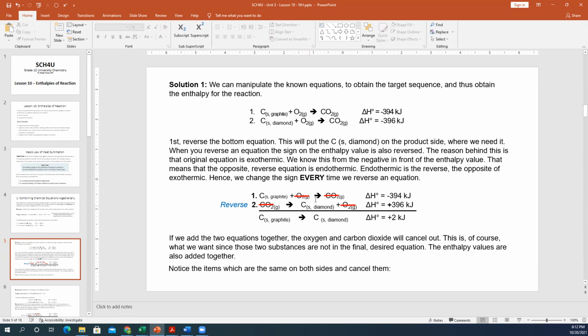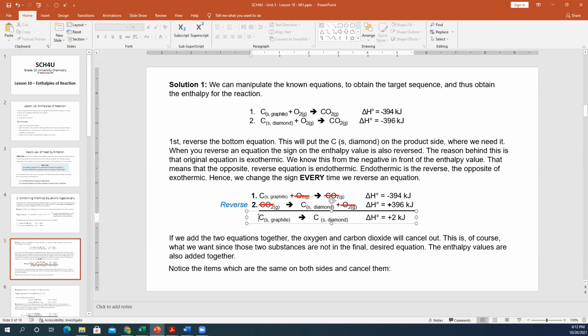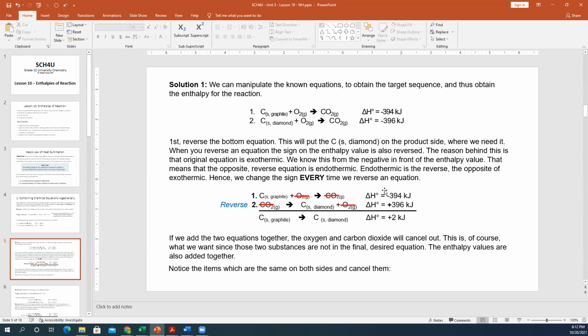Same with our oxygen term, it can cancel out from opposite sides of the equation. And it adds up to being that target equation that we were looking for. And then we just algebraically add up these delta H naught values, and we end up with a delta H naught of plus 2 kilojoules.